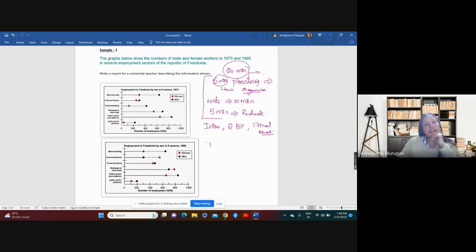In the introduction, I gave you one formula. What is that formula? You should have a paraphrased question statement plus an initial overview.